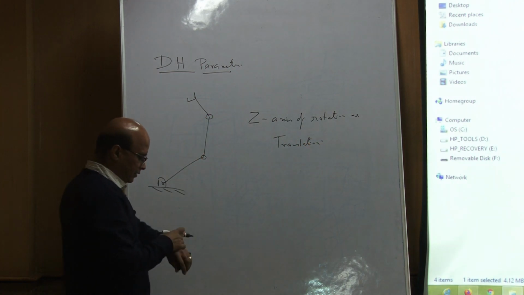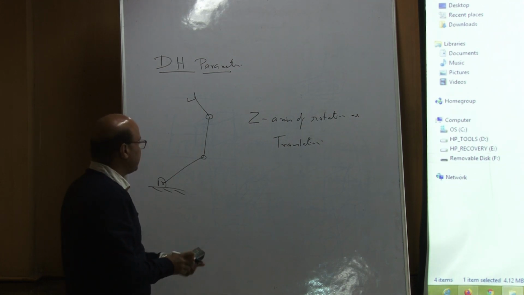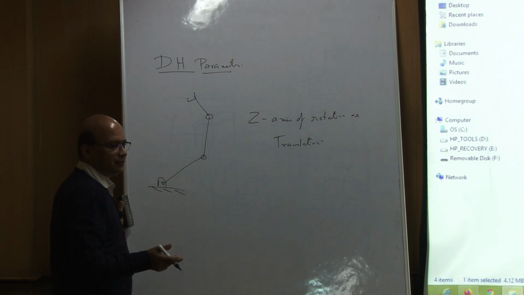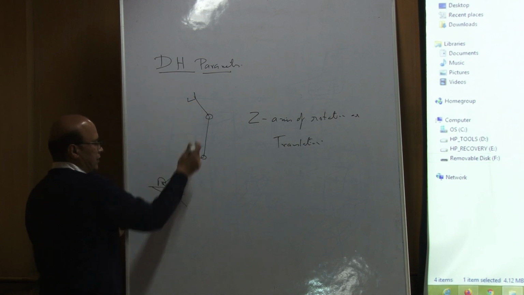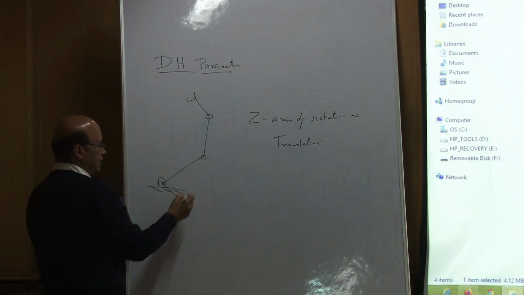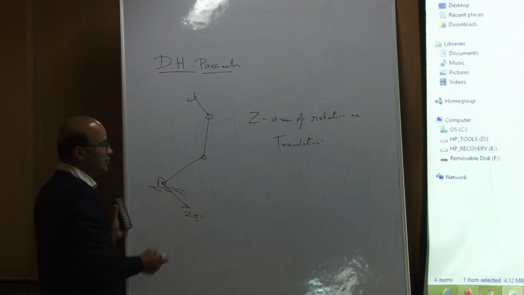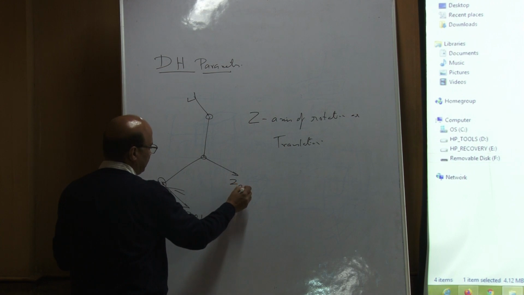If you just remember these 2 rules, it's extremely simple. The first is that the z-axis is the axis of rotation or translation. In this case, first, this is planar, so the axes all come out like that. This is my z0 and z1, axes of rotation. There is no translation axis here. So this is my axis of z2 and z3.